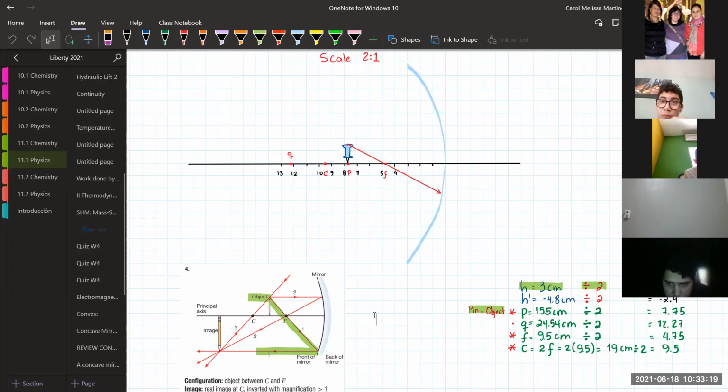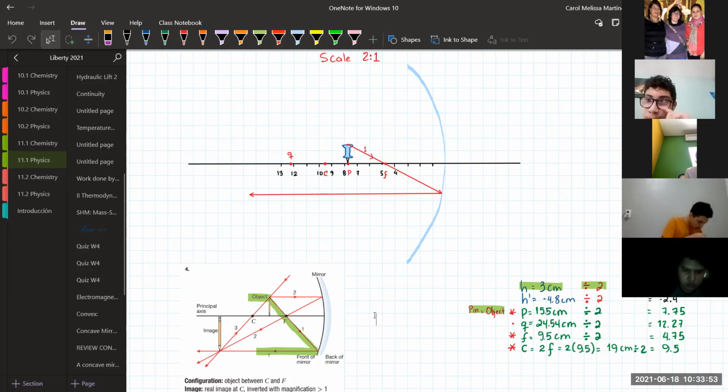Once I touch the mirror, I come back horizontally. More or less like that. Remember to indicate that this is your first ray. Like that.